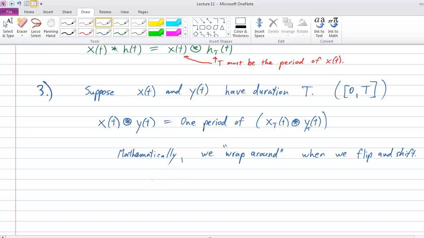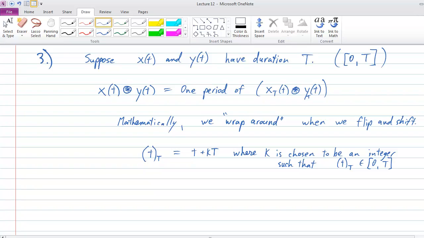But let's define a function where I'll use this funny notation, just a bracket with a little t, to mean t plus kT, where k is chosen to be an integer such that the output of this thing is in the range 0 to T. I will plot this because I don't expect this to have made a lot of sense to everyone. Let's plot it. Here's T.